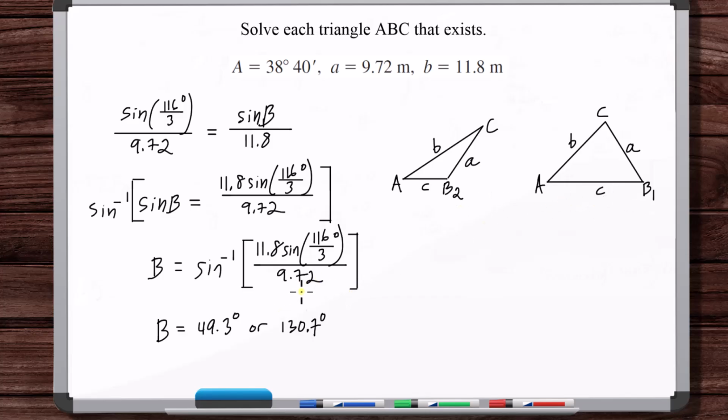So we can see B1 is 49.3 degrees, and B2 is 130.7 degrees. And then we're also going to have a C1 and a C2.